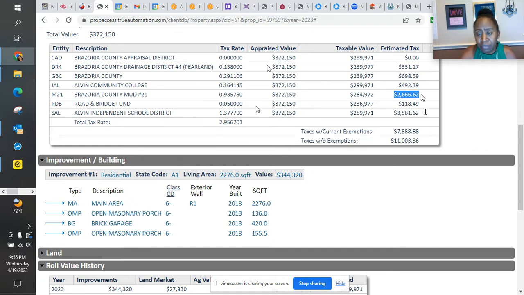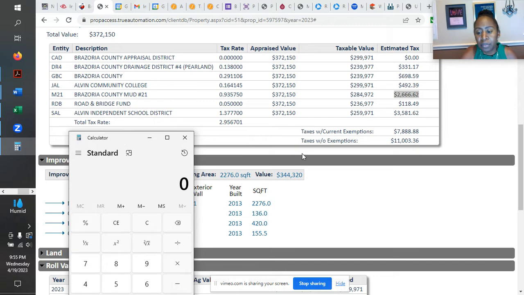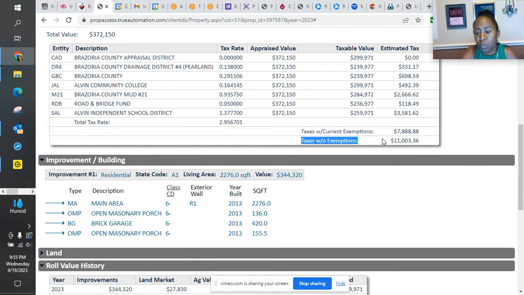But if we look at the numbers and do the math, let me get a calculator on the screen for us here. They've labeled the taxes without exemptions. So if it were not for the homestead, this is how much this person would owe and be paying in taxes.